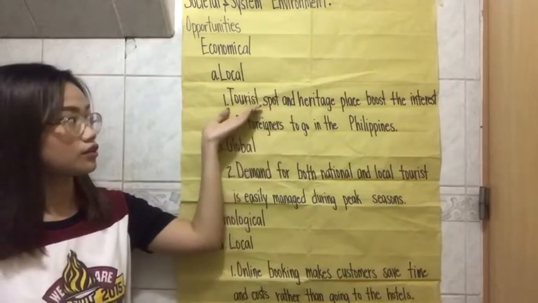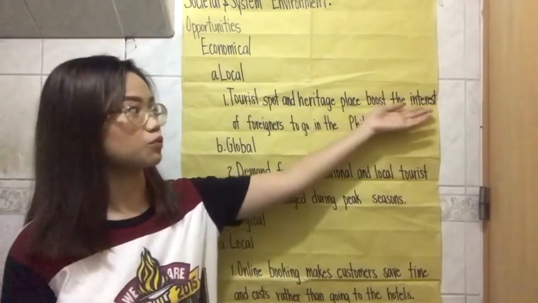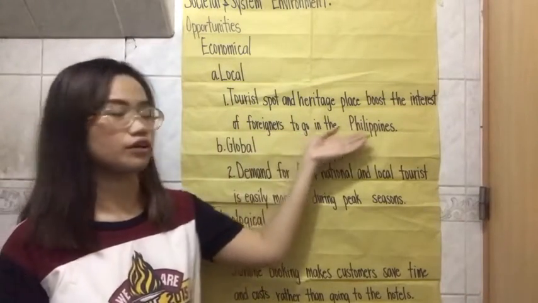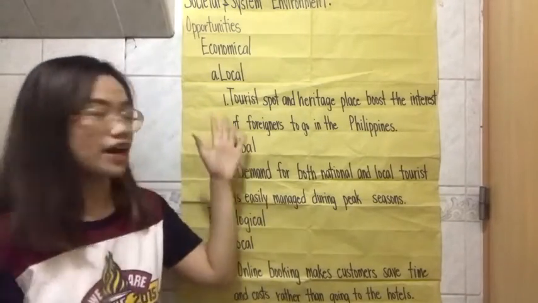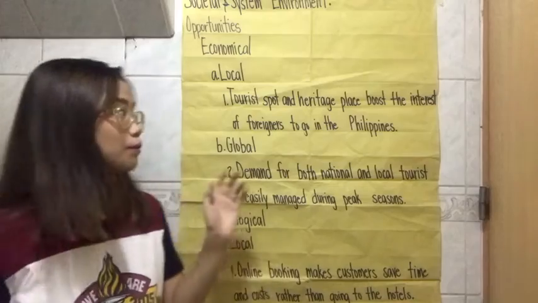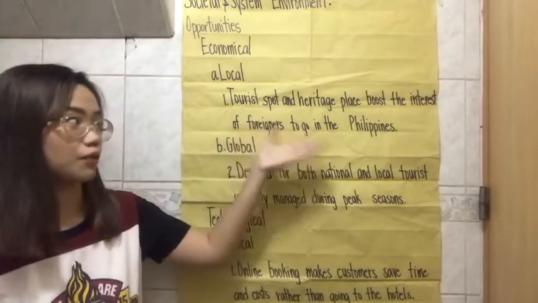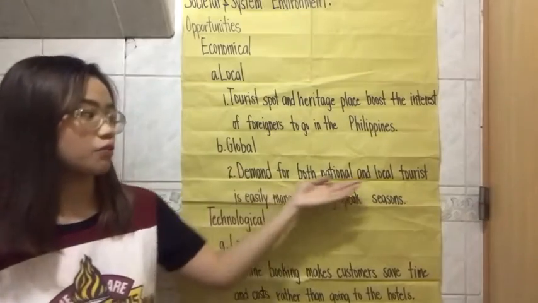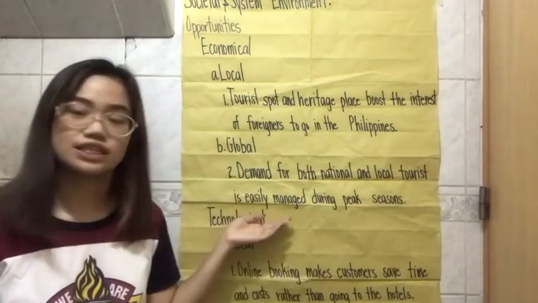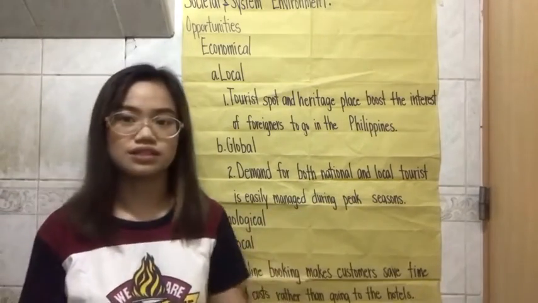Local, tourist spots and heritage place boost the interest of foreigners to go in the Philippines. Usually we have 5 or more, but for now, as an example, I only have 1. Next is global. Demand for both national and local tourists is easily managed during peak seasons.